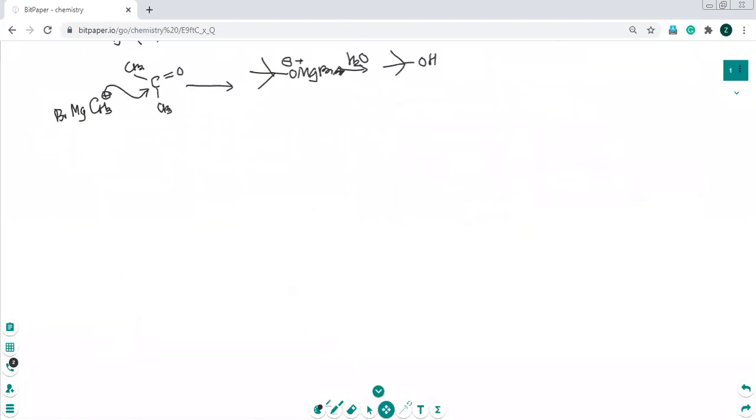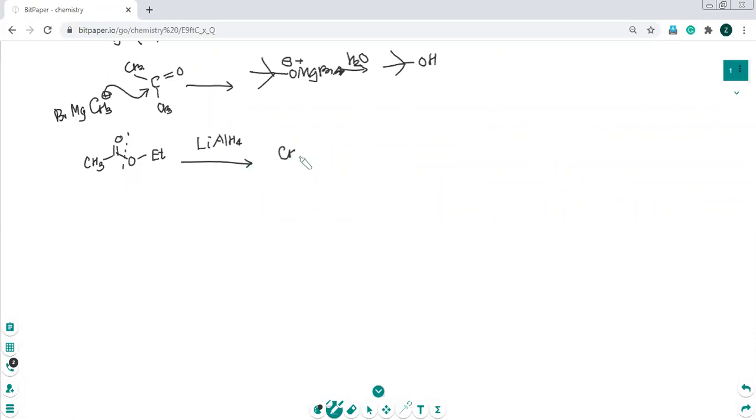Now let us look at a little bit of detail about so many other methods of making alcohols. I'll give another example of alcohol synthesis. You can reduce an ester using lithium aluminum hydride, LiAlH4. It's a reducing agent. You break here and reduce it.